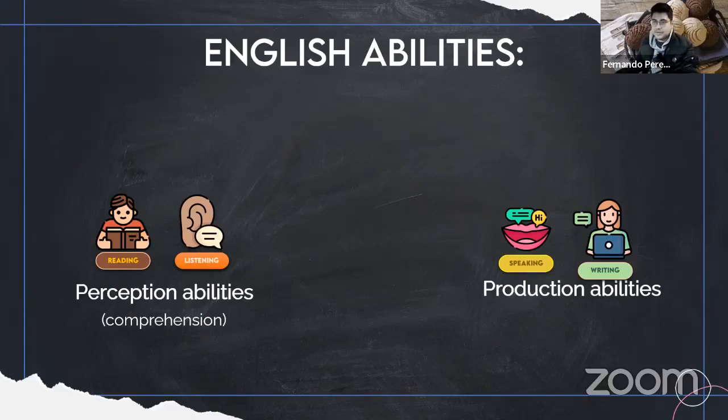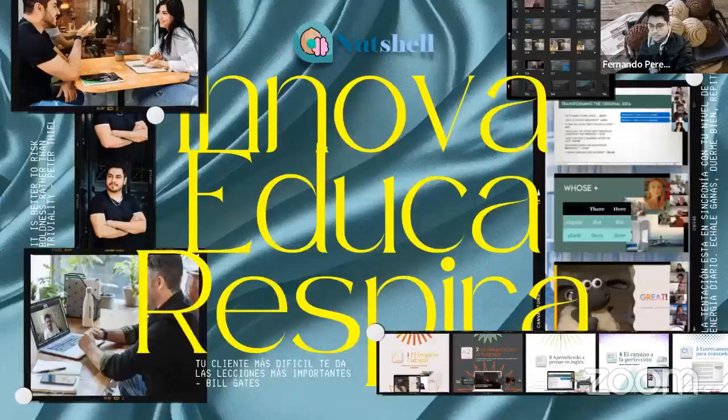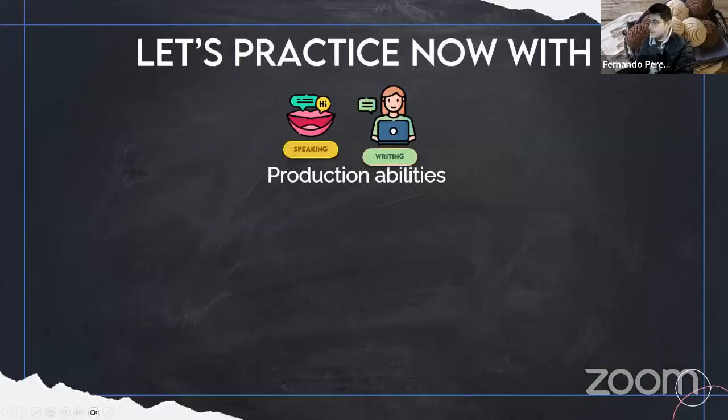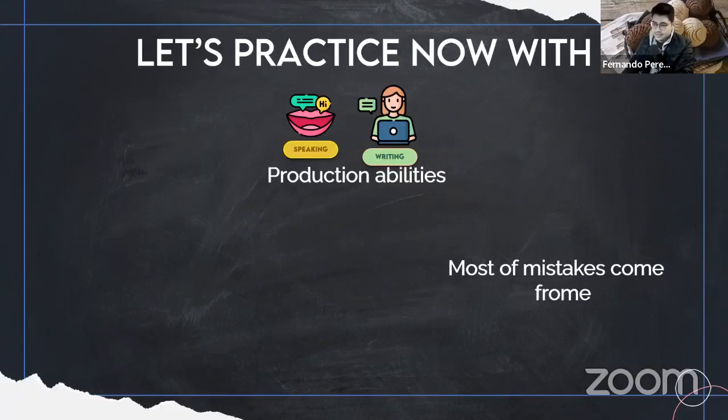Production abilities are very difficult because most of the mistakes come from production abilities.